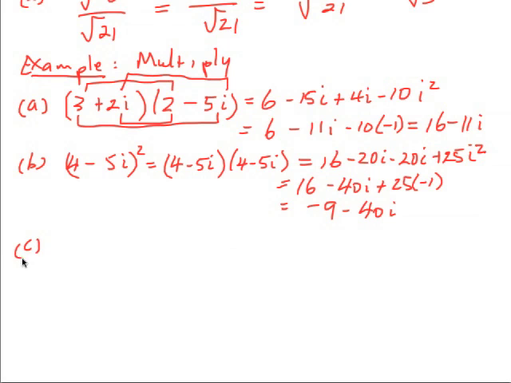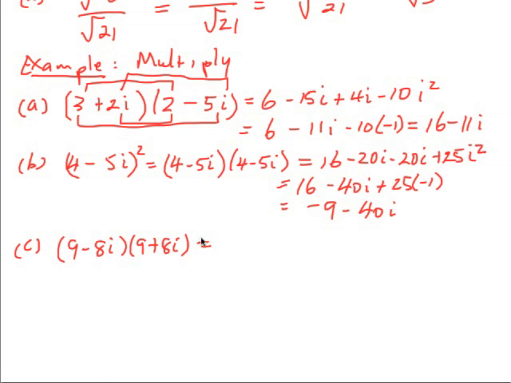Now another interesting one is what happens if we do the reverse of this subtraction here and we multiply it by itself. Notice we have a negative here and a positive here, same numbers. These are actually called conjugates, we're going to talk about them later.